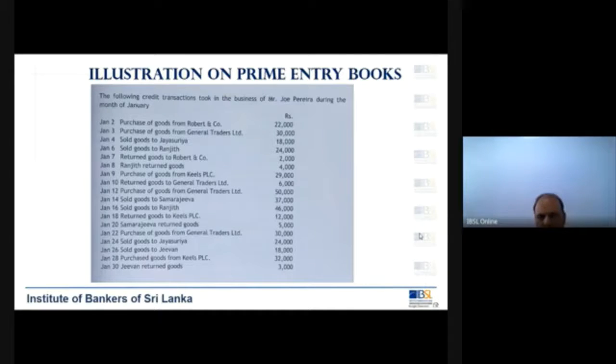Quickly draw up the day books relevant for these transactions. Then after that, we need to look at what the double entries are. But before that, just draw up the day books pertaining to each of these transactions quickly.